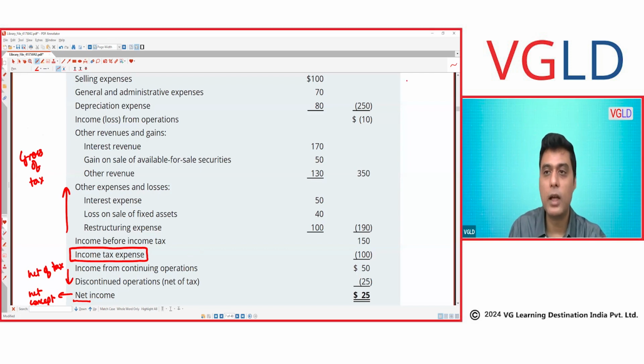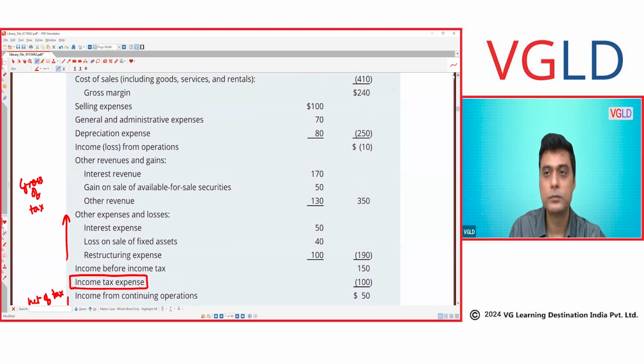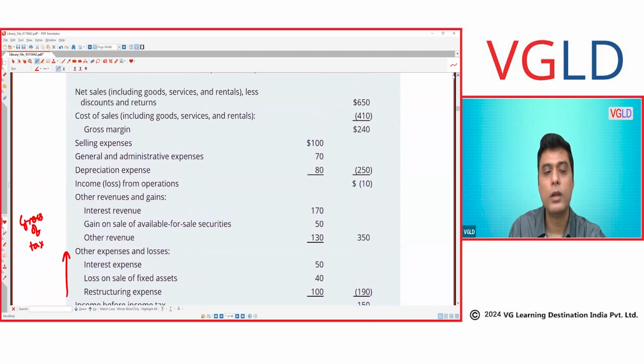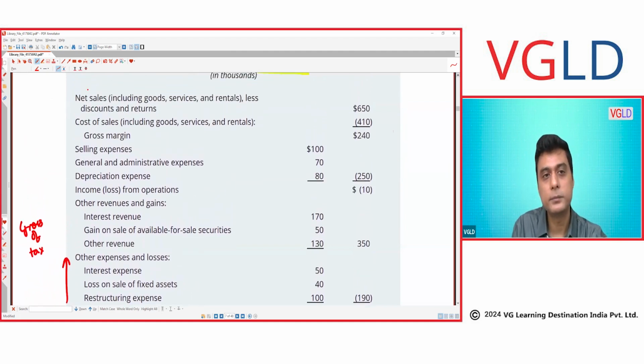That means now if they ask you what is net sales, and they have given you 4 options, it's a multiple choice question. Net sales is a net concept, but gross of tax. Net sales is a net concept, but net of tax.